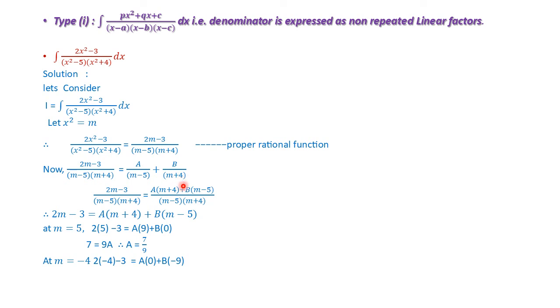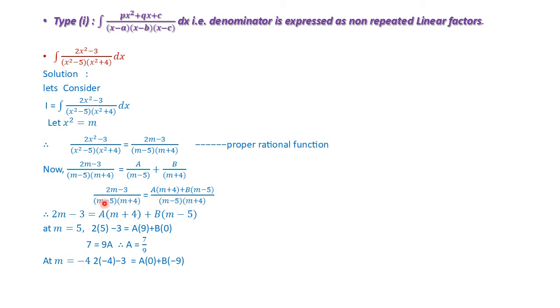Now the LHS 2m minus 3 stays as it is, and on the RHS taking cross multiplication, A into (m plus 4) plus B into (m minus 5), and the denominator is (m minus 5)(m plus 4), the product of the terms in the denominator after cross multiplication.